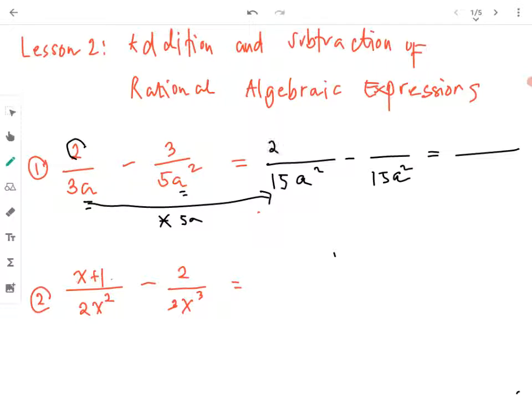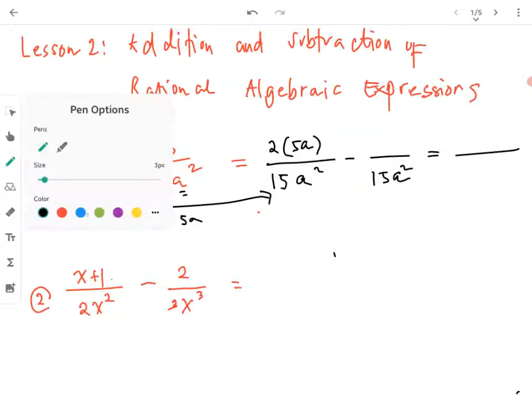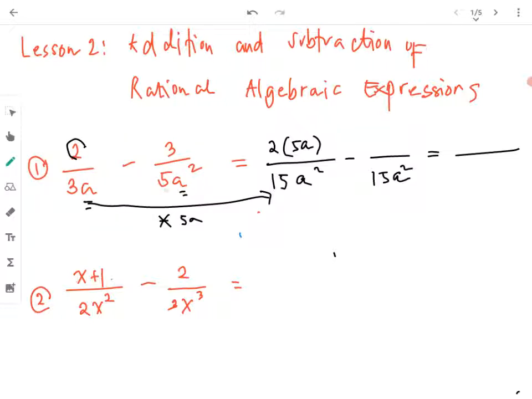So that's 2 times 5a. From 5a square, the new denominator becomes 15a square. So it's like 5a square is being multiplied by 3. We will also multiply this by 3. So in turn, they have 3 times 3.